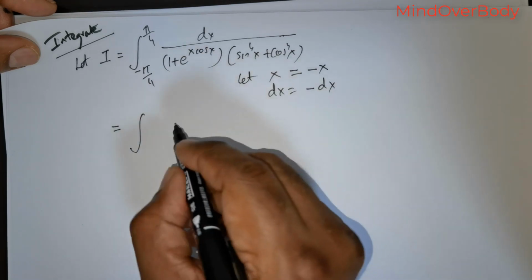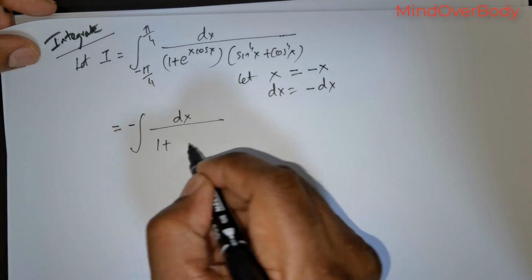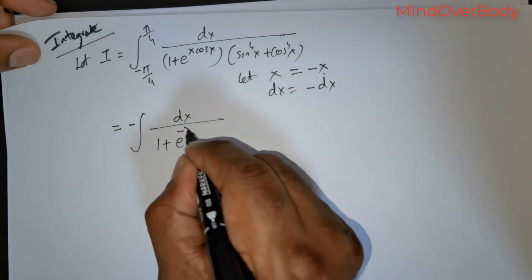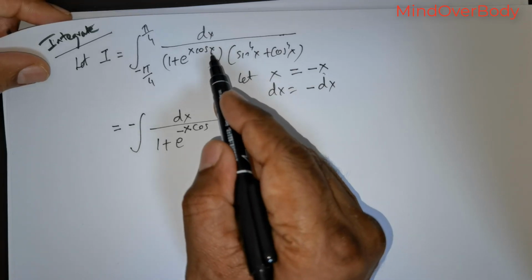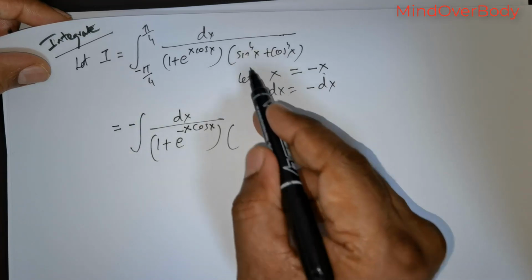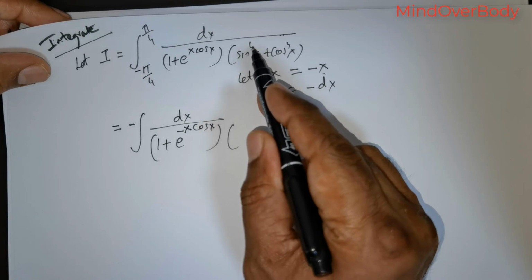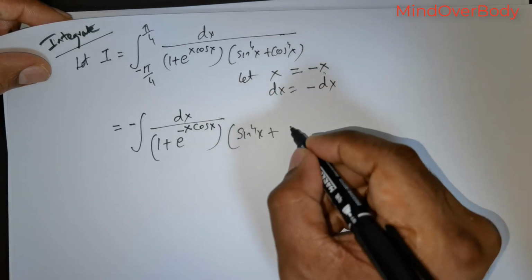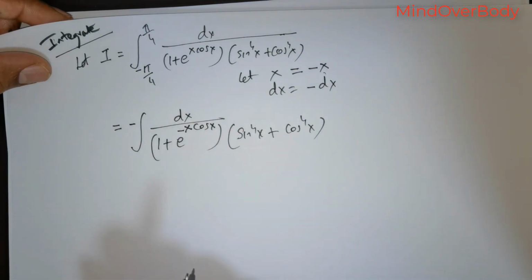In place of dx I will substitute negative dx divided by 1 plus, x is negative x, so it's going to be e raised to the power of negative x cos of negative x. Now cos is an even function, so that stays as it is, times sine of negative x. Now this has a degree 4, so that would also stay as it is, and as I mentioned, cos will stay as it is. So this is what we have got.